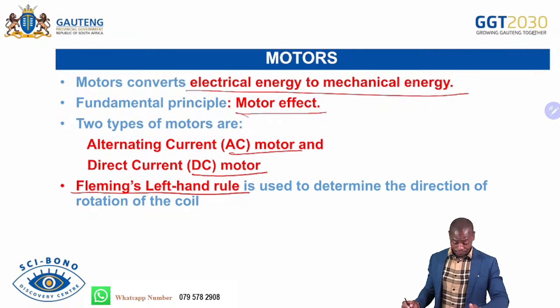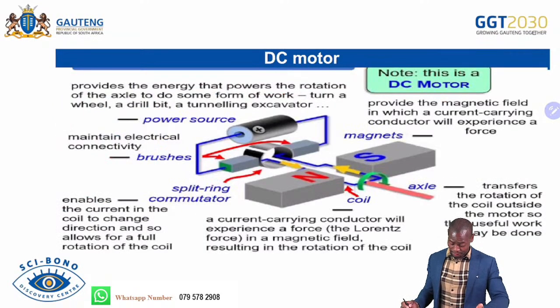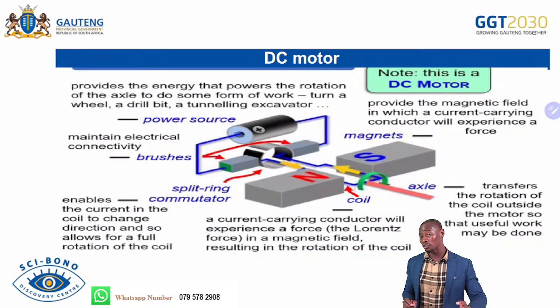All right. Then this is a DC motor, a simple structure of a DC motor, right? So the difference between your DC generator and your DC motor: when it comes to a DC generator, energy conversion is from mechanical to electrical.